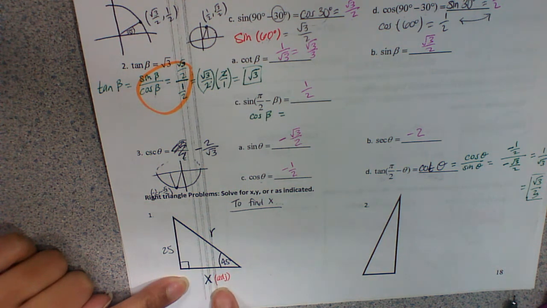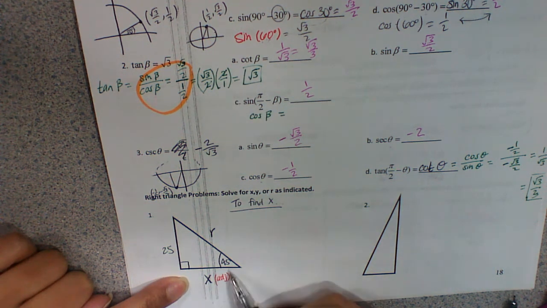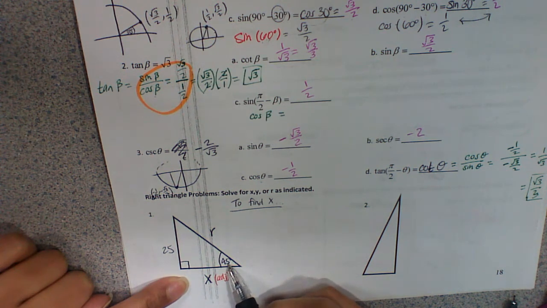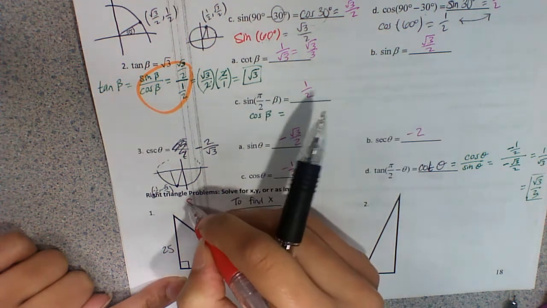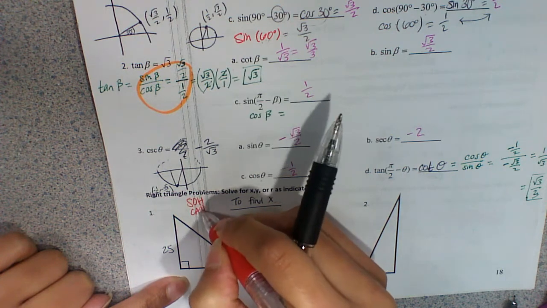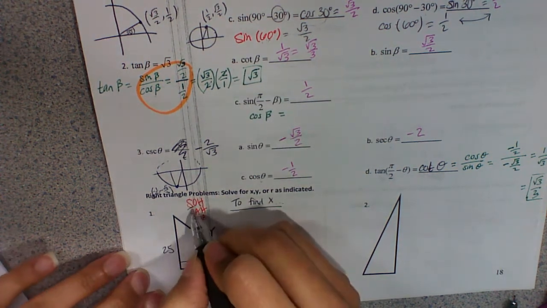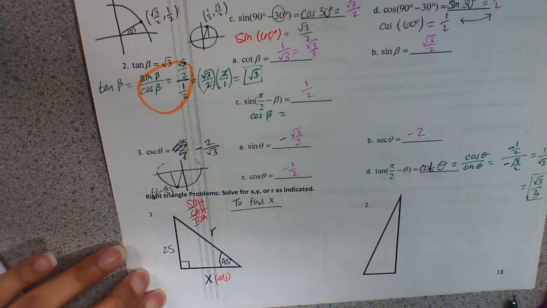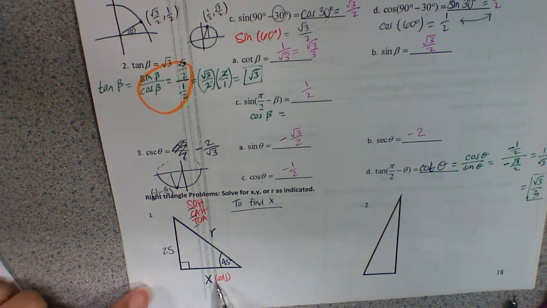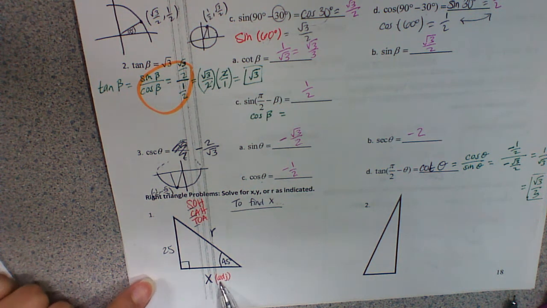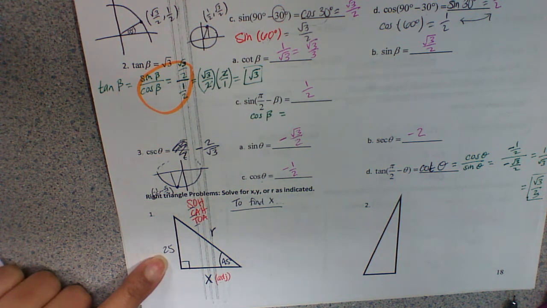Now if I know that, using SOHCAHTOA, which trig function, sine, cosine, or tangent, can I use to somehow incorporate the adjacent, because that's what I'm looking for, and the opposite, because that's what I know.